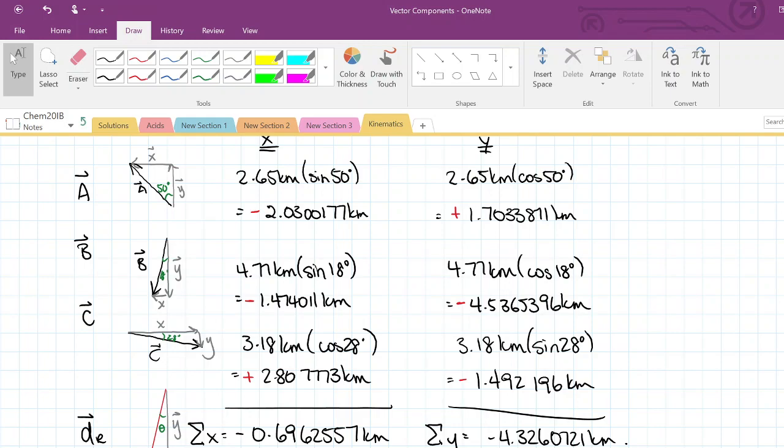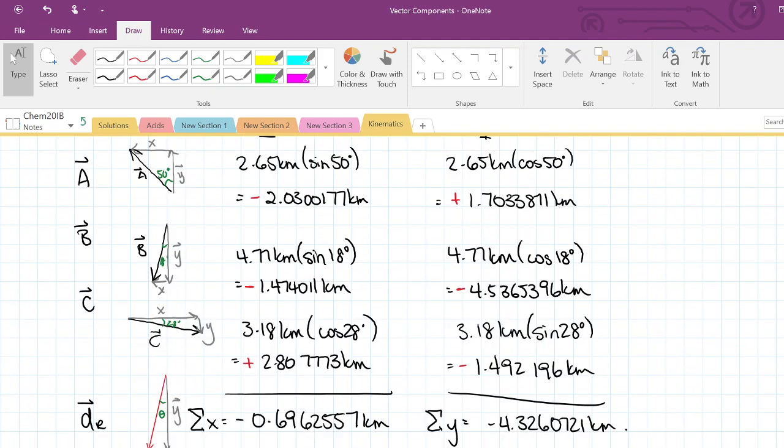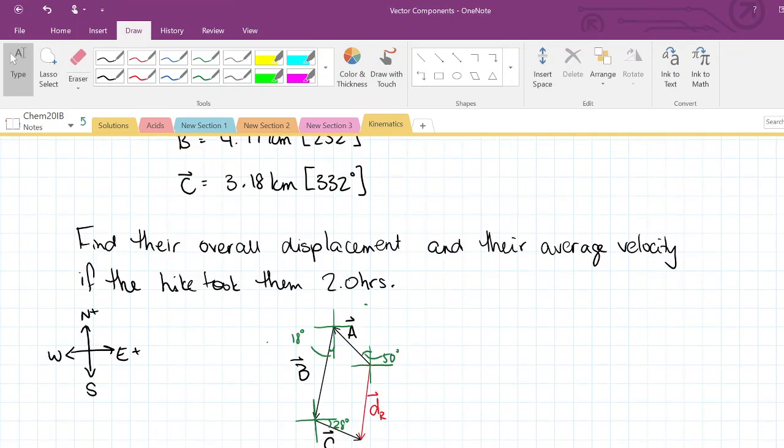Now, if my signs were correct in how I had drawn everything up above, these negatives should corroborate where the location is of my resultant vector, right? So here is where I drew my resultant vector from up above. I'm going to draw that vector down here, and I'm going to measure the angle with respect to my south axis.